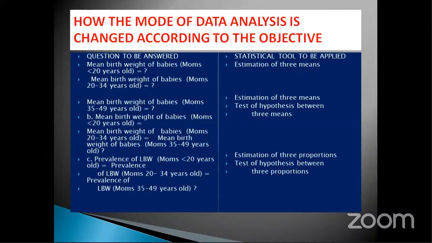You see, from this you specified already your variable and the age groups, and this is seen in your objectives. You are very clear on what statistical tool you will adopt. For example, you talk about prevalence, the prevalence of low birth weight among teenage mothers.